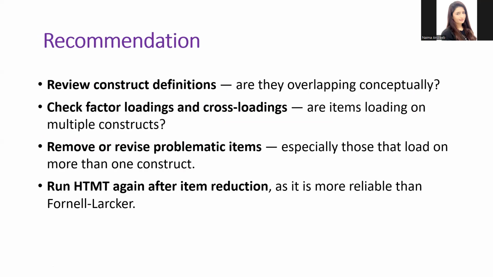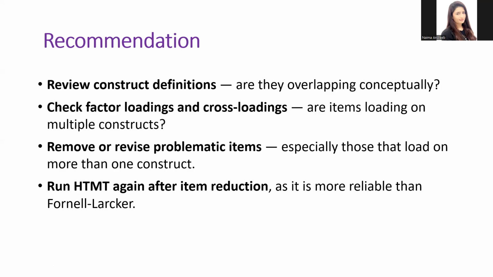Then the recommendations are: review construct definitions. Are they overlapping conceptually? Check factor loadings and cross loadings. Are items loading on multiple constructs? Remove or revise problematic items, especially those that load on more than one construct.